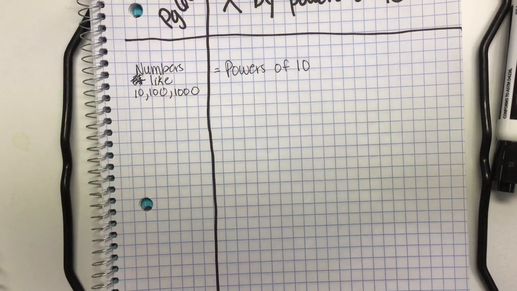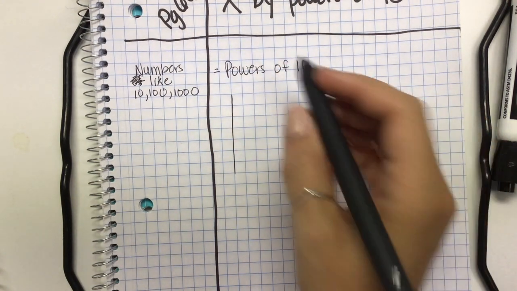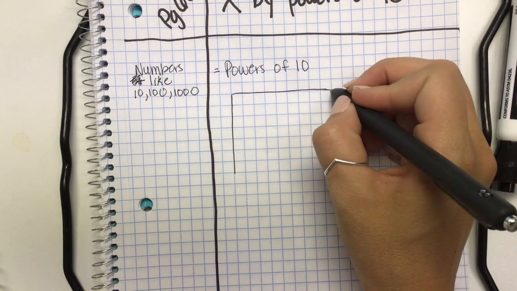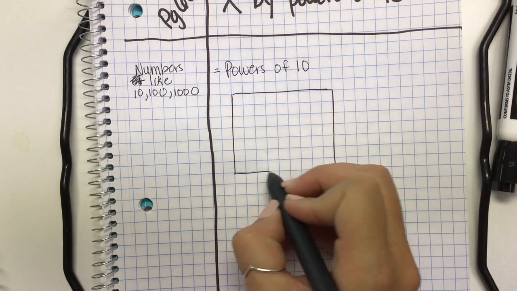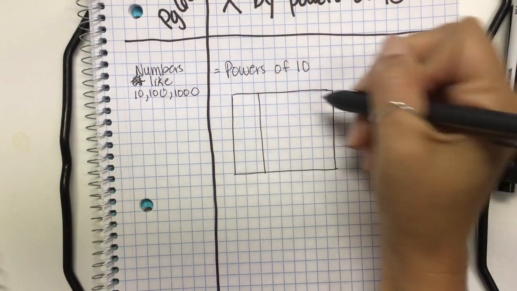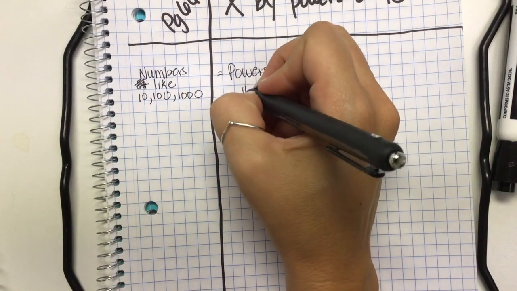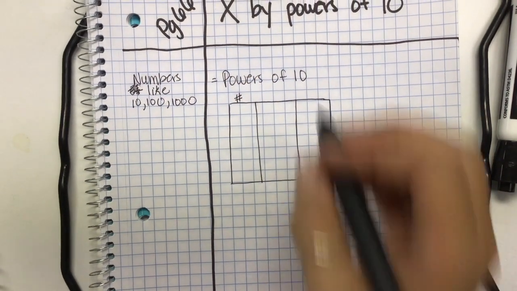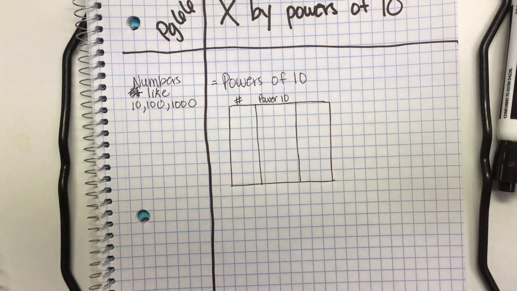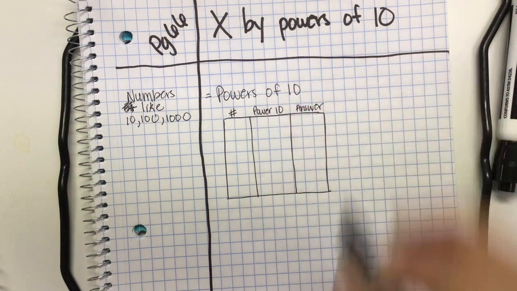So let's draw a little bit of a grid here, just big enough to fit some numbers in. We're going to draw 2 lines down the middle of that grid. We put a number sign at the top, and the middle one, power of 10, and then the answer here.